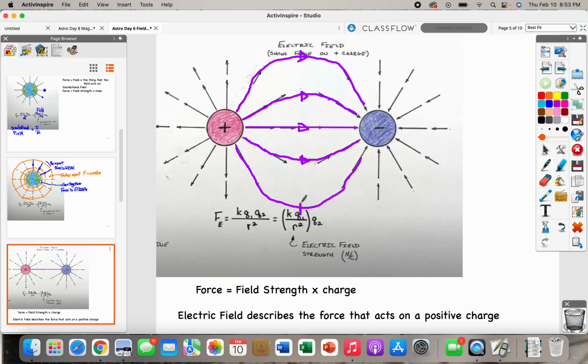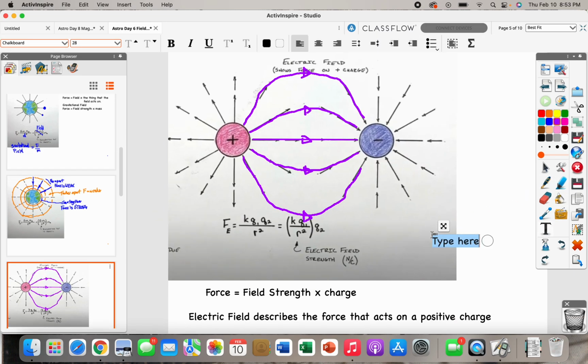And so with electric field lines, one thing we can get is that field lines go away from positive charges and towards negative charges, right?